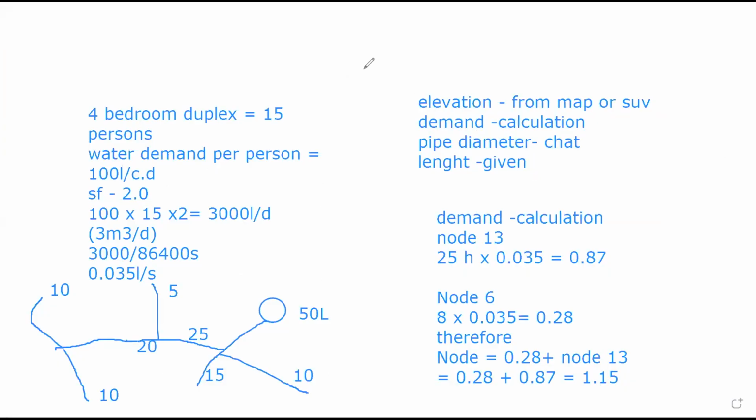I need to clear some things. Ten houses. Instead of doing 10 times 100 times the factor of safety, I've already done it for 1. So there's no need for that again. So that will be 0.035.